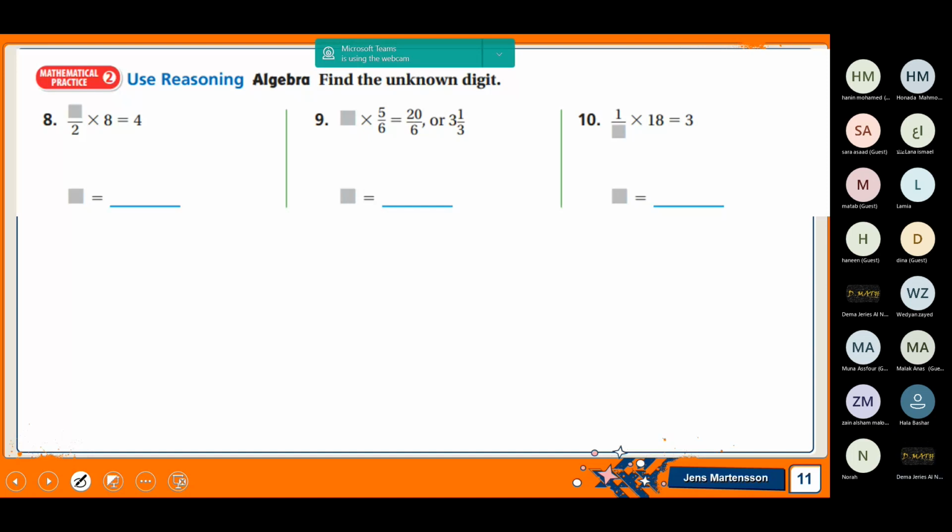In number 8, they told you there's a number over 2. When you multiply it by 8, you get 4. What will the unknown number be?